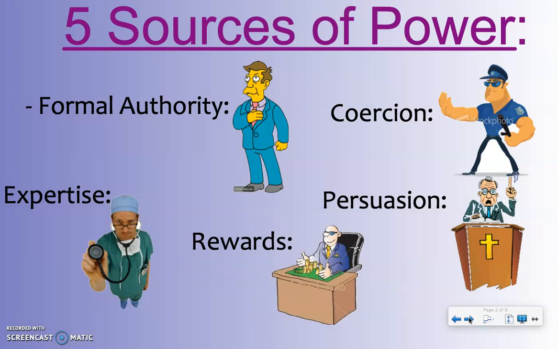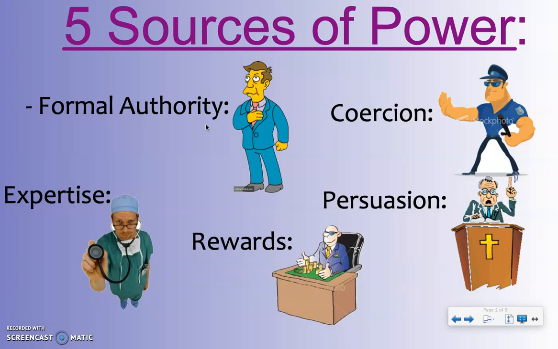Okay, so we could look at the idea of legitimate or formal authority as it's listed here. Legitimate authority is when power comes from the power holder's position and duties within an organization. A principal, for example, is given formal authority. They're put in a position of power within that job. They have the ability to set rules or consequences, what have you.